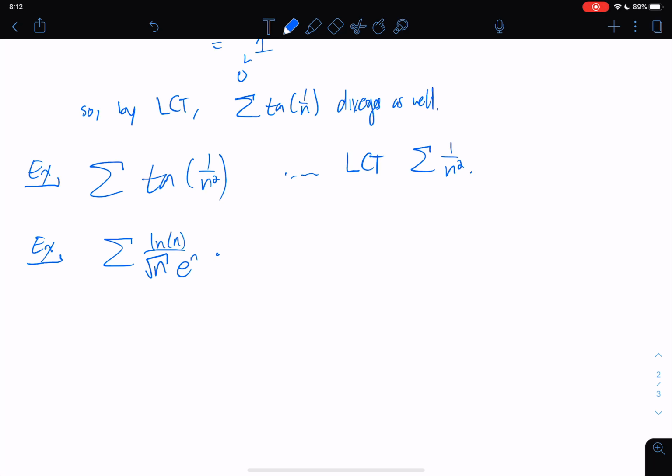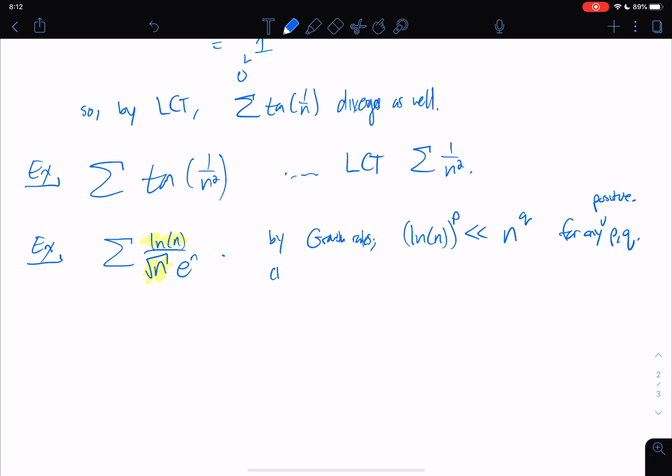For this one, notice that as soon as we see ln of n's and square root of n's at play, we're reminded by the growth rates. So by growth rates, what do we know? We know that ln of n to the p is eventually dominated by n to the q for any positive p and q.